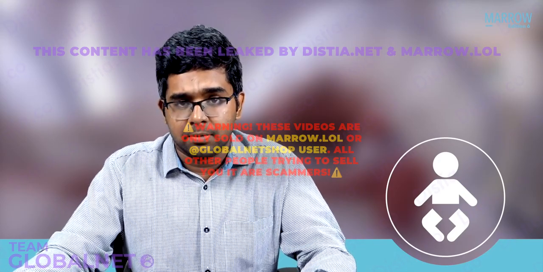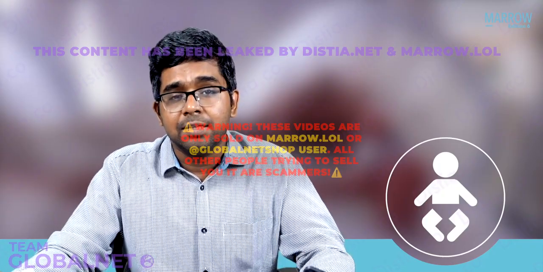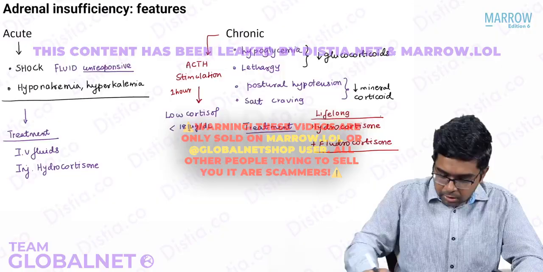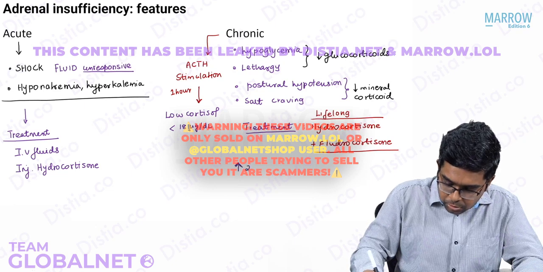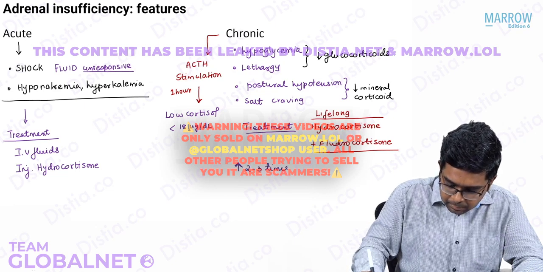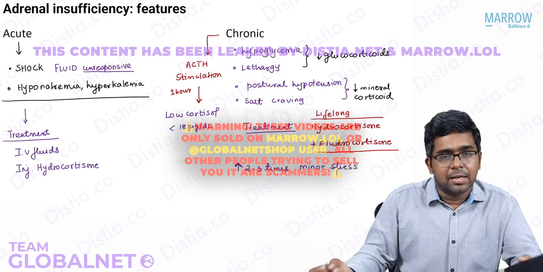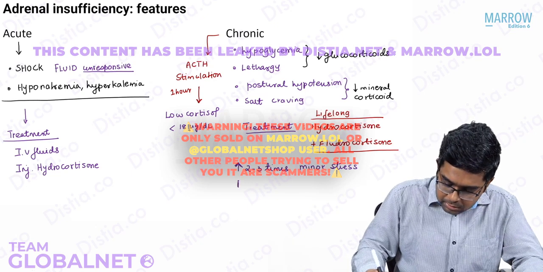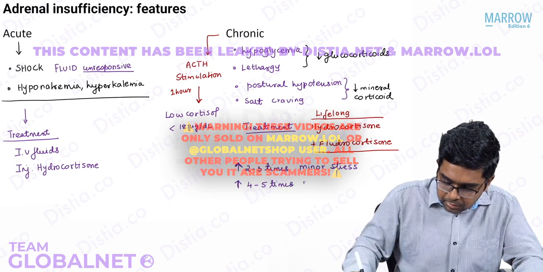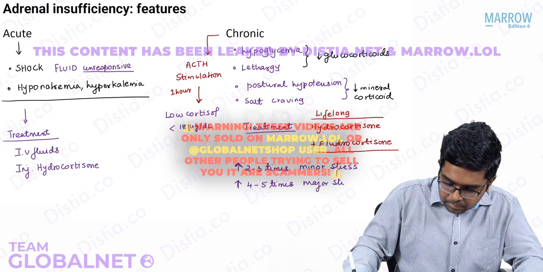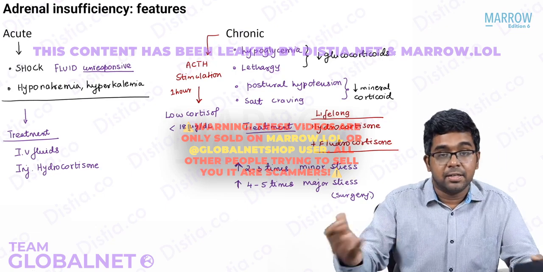Okay. Now, you should all know that the level of steroid requirements in the body is going to increase at the time of stress. So for these patients also, at the time of stress, you need to give increased doses of these steroids. Okay, how much increase in the dose? It is an increase of 2 to 3 times in case of a minor stress, like an infection, and an increase of 4 to 5 times in case of a major stress, like for example surgery or a life-threatening infection.